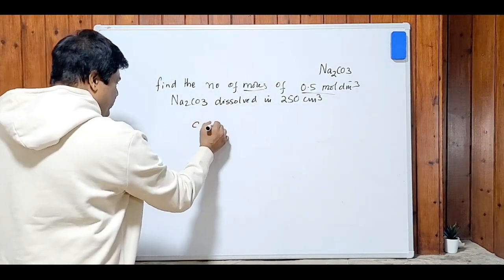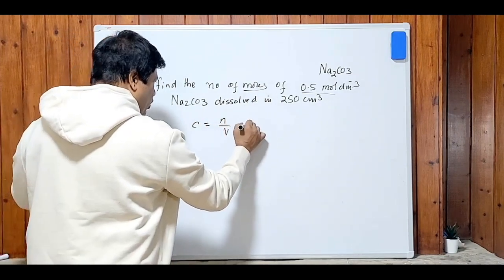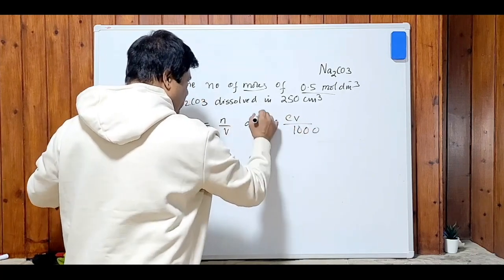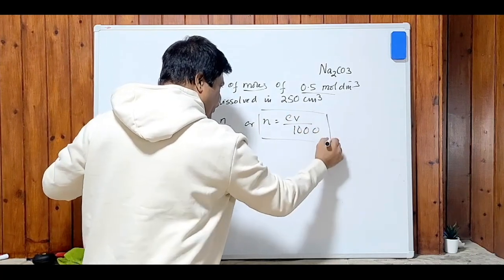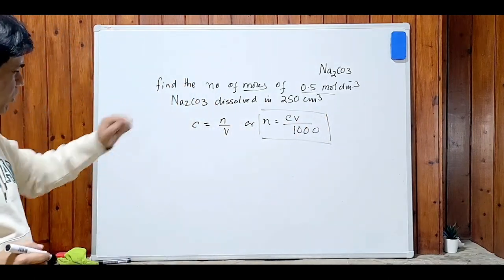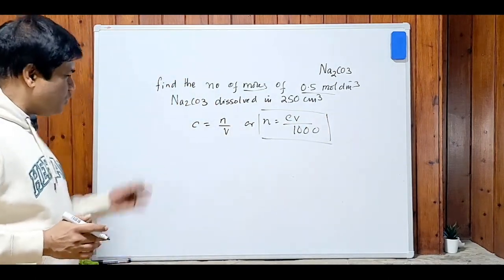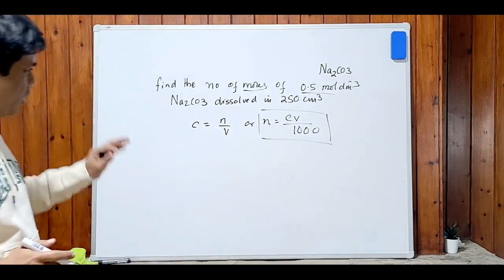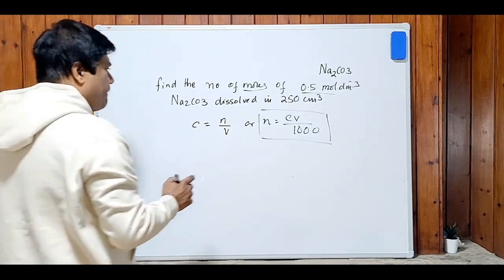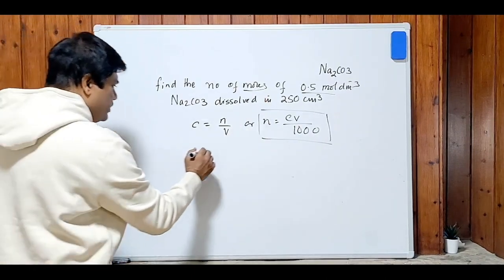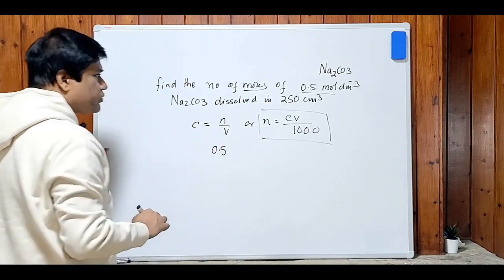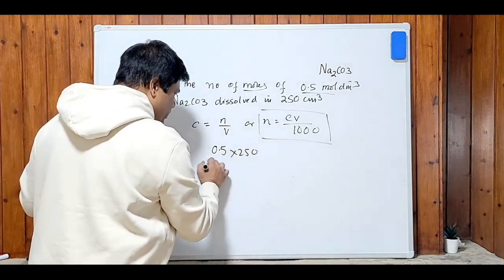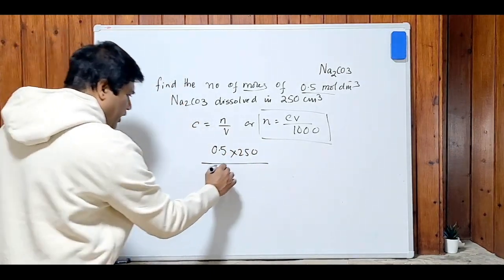So C equals to n over V, or n equals to C times V divided by 1000. When you are writing the formula, make it in a box so that when you do the revision, you know what's the formula to work out the mole. So mole equals to C times V over 1000. Do we have a conc? Yes, conc is given, 0.5. What's the volume? 250 divided by 1000.